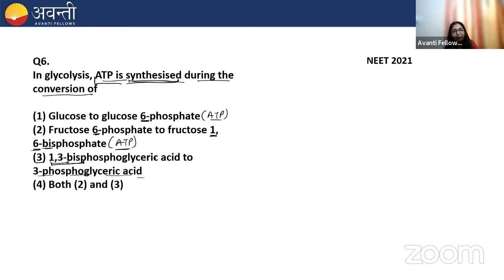When this is converted to 3-phosphoglyceric acid, ATP is released, or rather this 1,3-bisphosphoglyceric acid donates its phosphate group to ADP, and the ADP plus the inorganic phosphate forms ATP. So there is ATP generation. ATP is synthesized in this process.